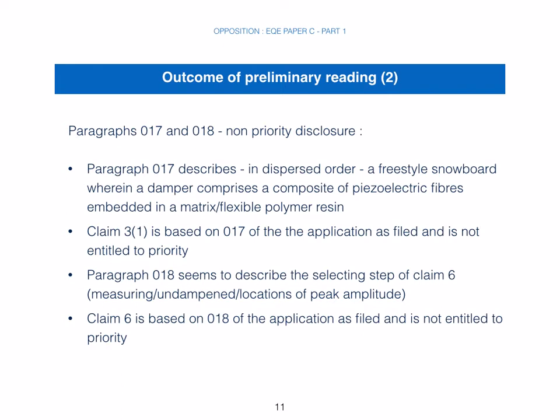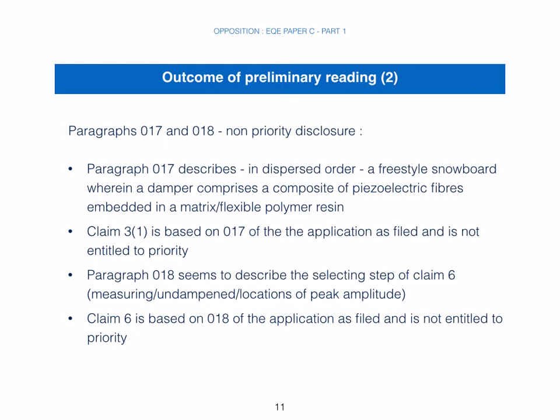Claim 3, which depends upon claim 1, is fully based upon paragraph 17 of the application as filed, and therefore it's not entitled to the priority date, but it is entitled to the filing date of the application.